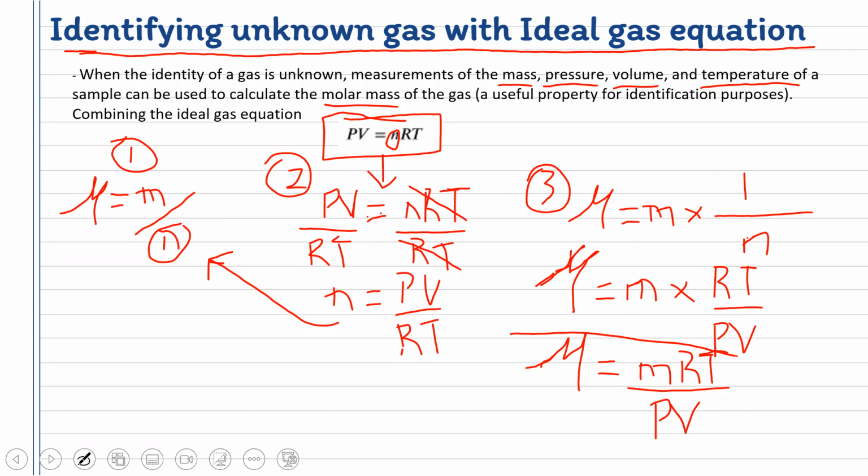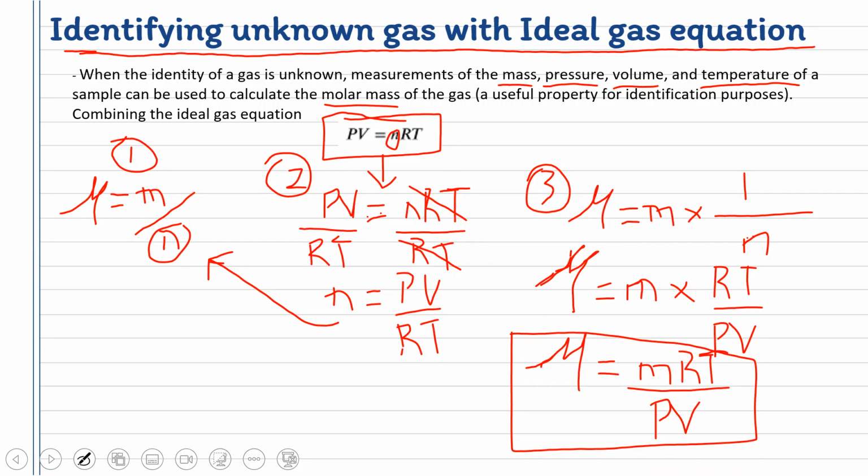So molar mass is equal to the mass multiplied by the gas constant multiplied by the temperature, divided by the pressure multiplied by the volume.